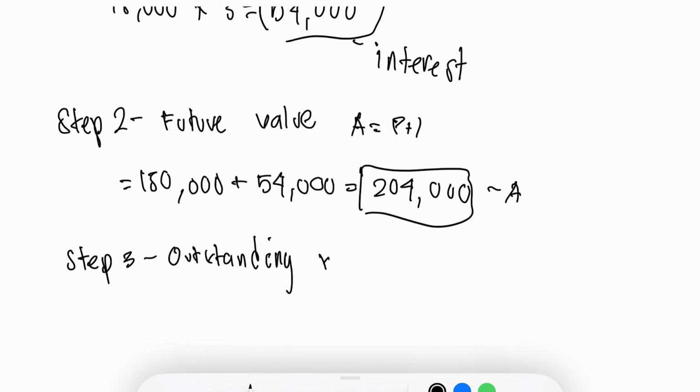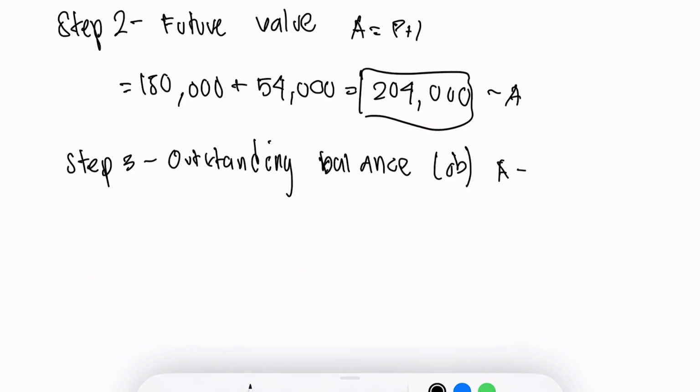outstanding balance. To find the outstanding balance, we need the formula A minus the amount paid. Now we have the formula.